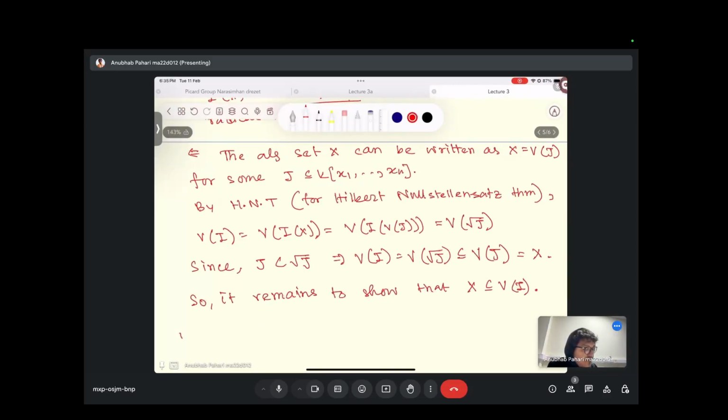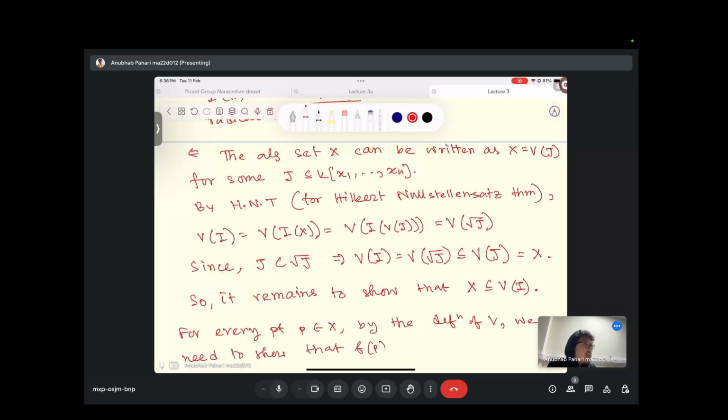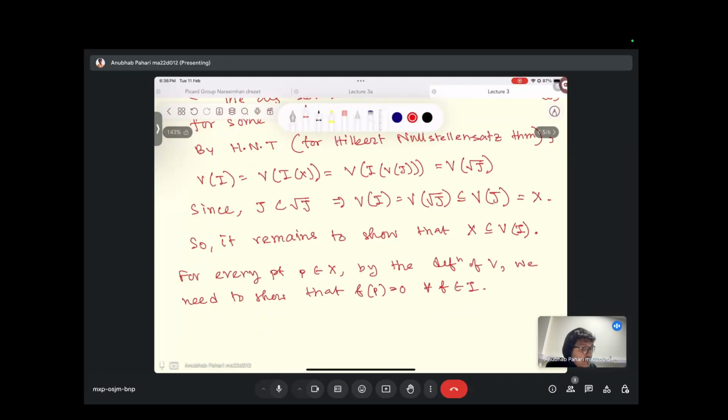Now for every point P of X, by the definition of V, we need to show that f(P) equals to 0 for every f in I. But this is trivial, right?